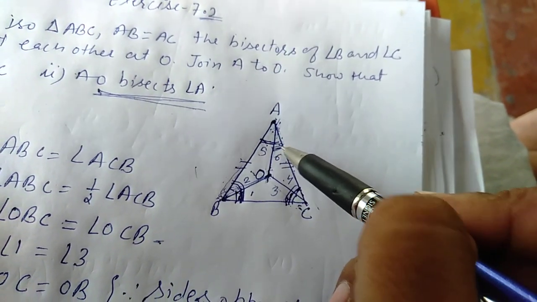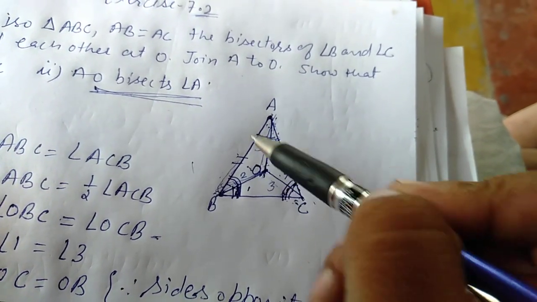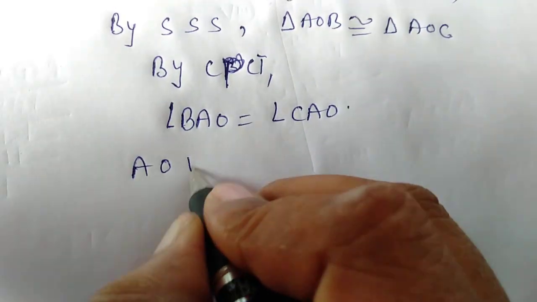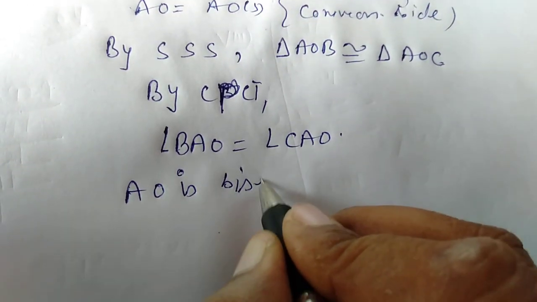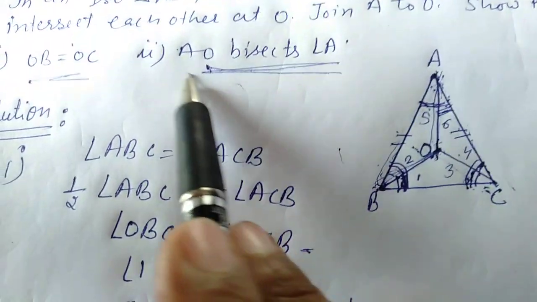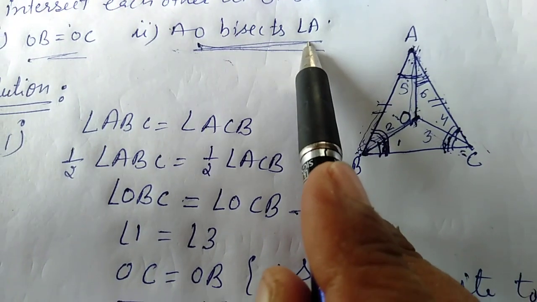What does it mean? AO is the bisector of this angle A. So you can write here AO is the bisector of angle A. That we have to show. So I hope you understand this question.